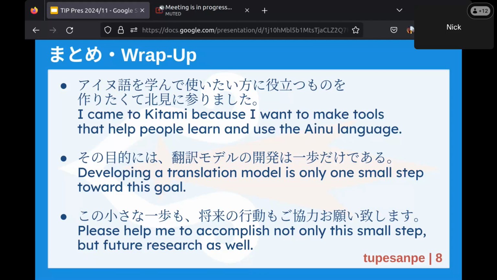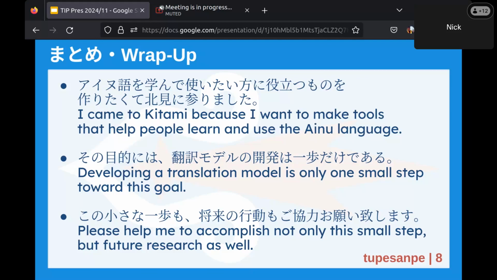Okay, so why am I interested particularly in Ainu over, say, Ryukyuan? Of course, Ryukyuan is also an interesting language to me, but what stands out to me about Ainu is that Ainu is not related to any other living language.